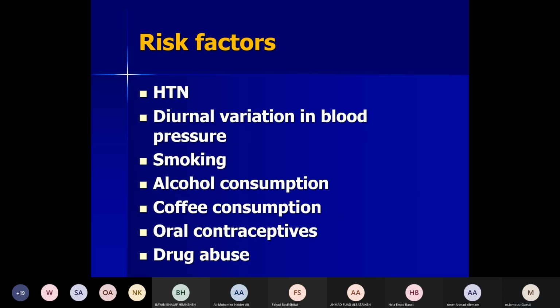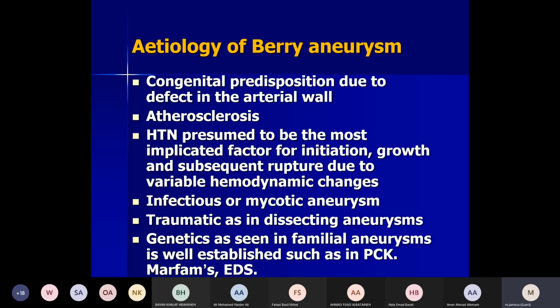And we have familial aneurysm, which can be seen in patients with collagen disease like Marfan, Ehlers-Danlos syndrome, polycystic kidney disease.